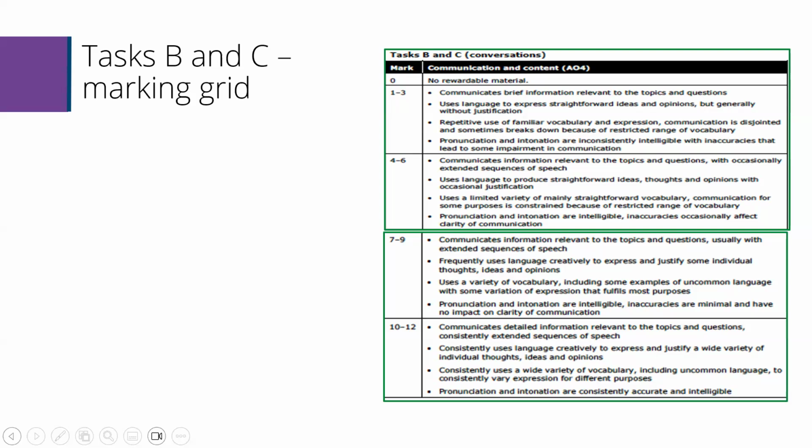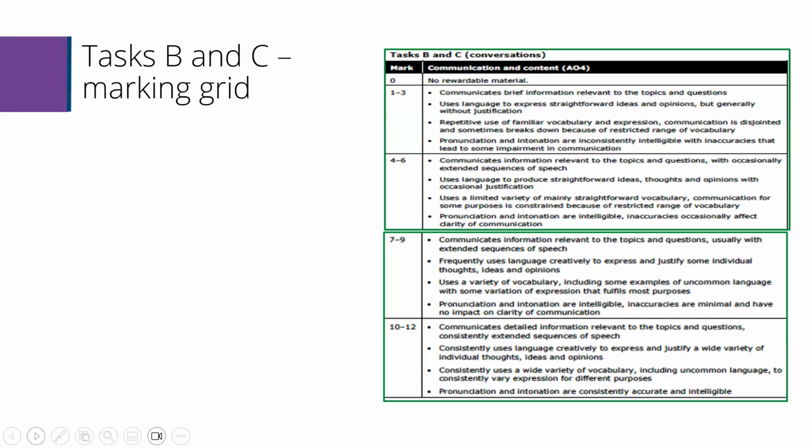And by uncommon language, that's just the things that I mentioned earlier: we don't always need to eat pizza and chicken. We could eat seafood and artichokes and that sort of thing. So just making sure that they've got some kind of personal repertoire of some uncommon vocabulary so that we're showing that range. And also that pronunciation and intonation are consistently accurate and intelligible.